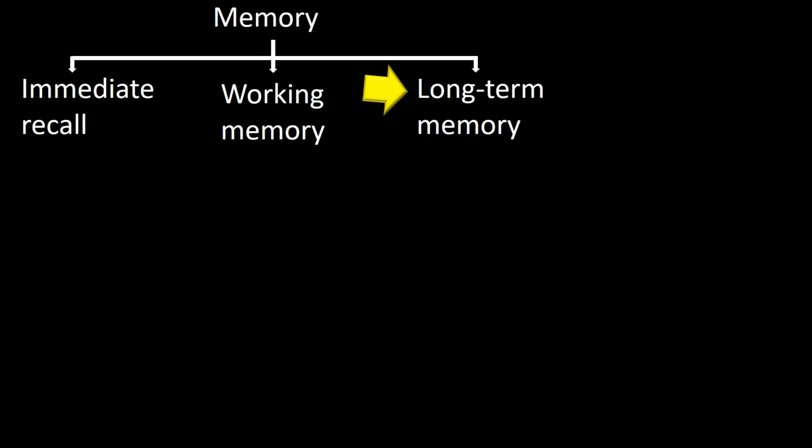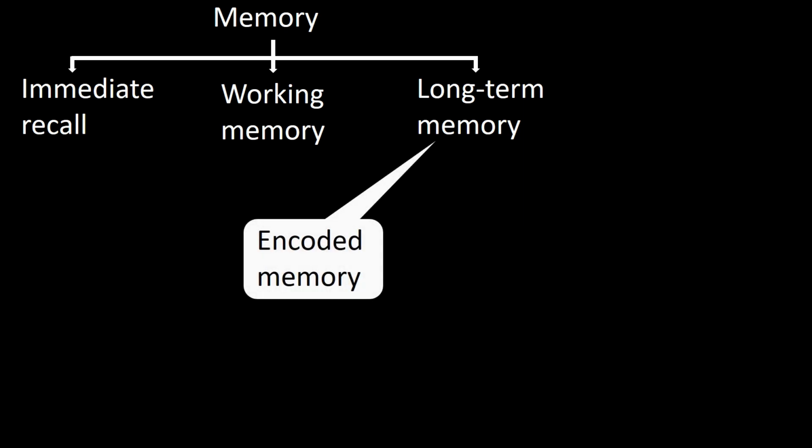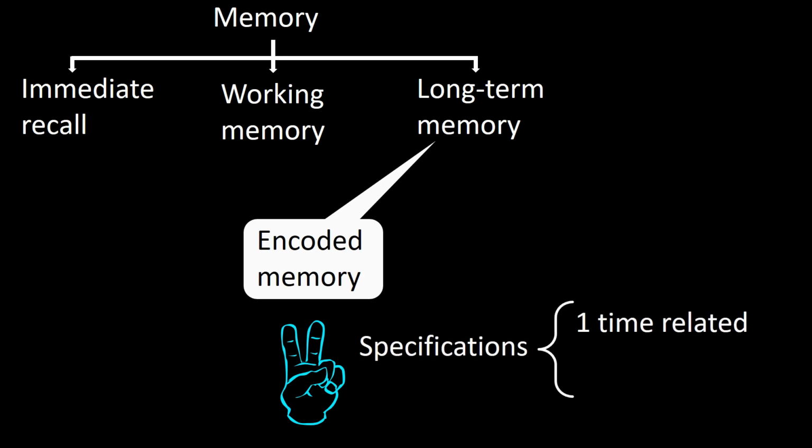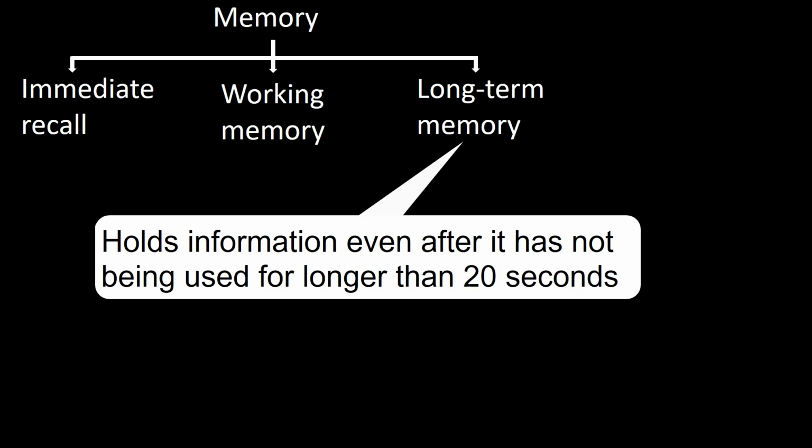Long-term memory is rather different. Long-term memory is encoded. Long-term memory has two specifications. One is time-related. The other one is quantity-related. The time-related specification is that long-term memory holds information even after it has not been used for longer than 20 seconds.